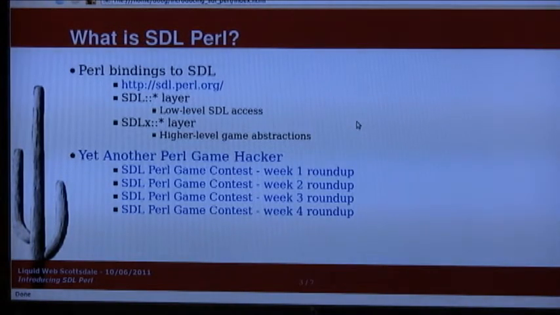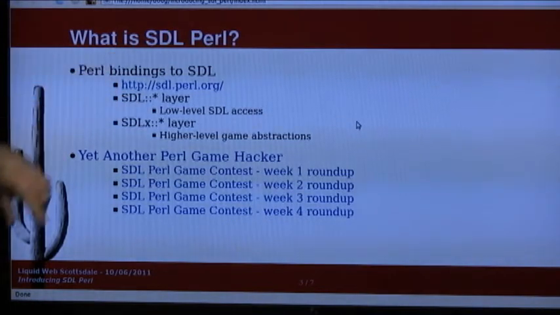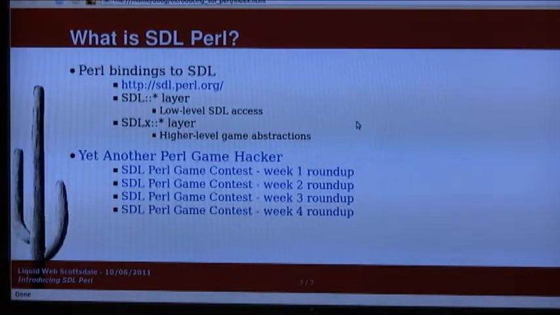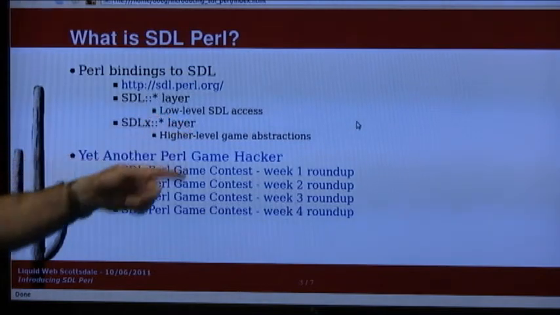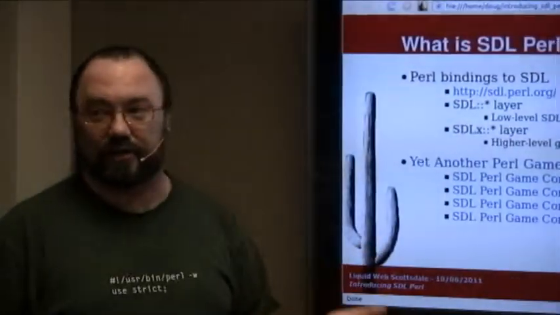So basically, you've got 2 different layers here. You've got the SDL layer, which has a whole bunch of classes in it. That's the low-level stuff that's binding pretty much directly into the SDL library. And then you've got the SDLX layer, which they're adding on, which gives you a lot of nice abstractions.